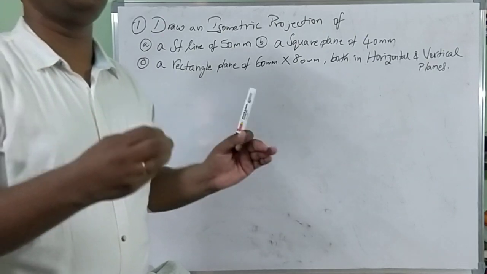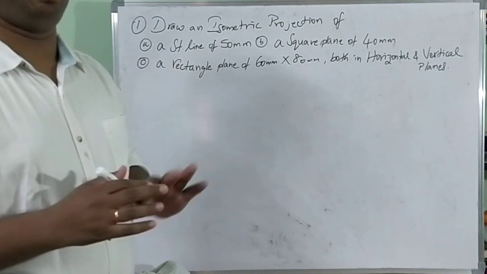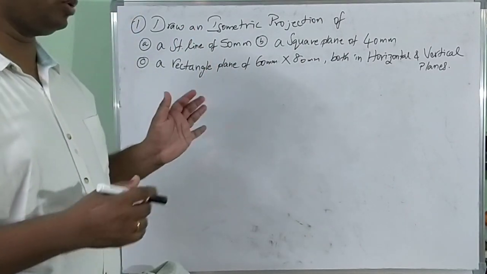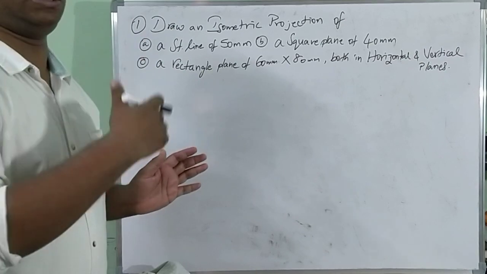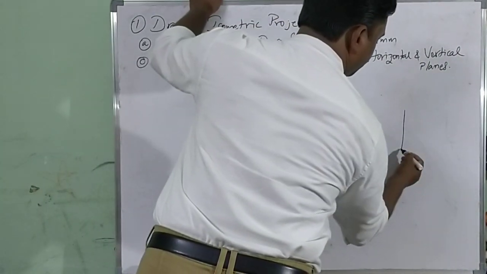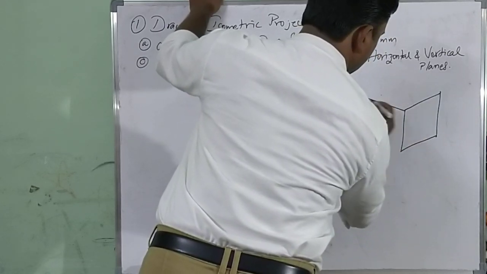As per the principle of isometric projection, how many planes are there? Remember we took a cube with three faces: first, second and third.